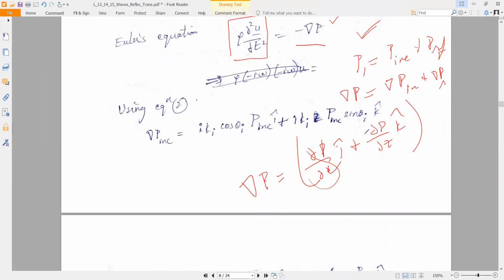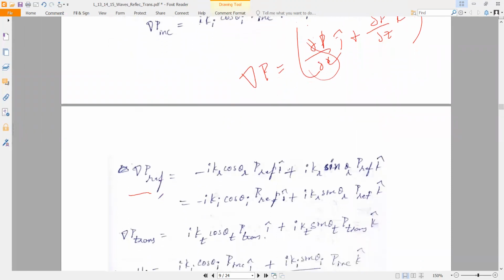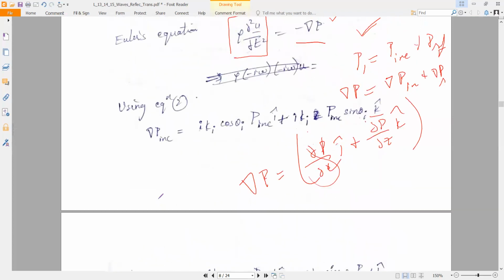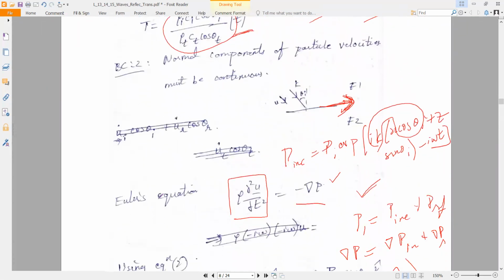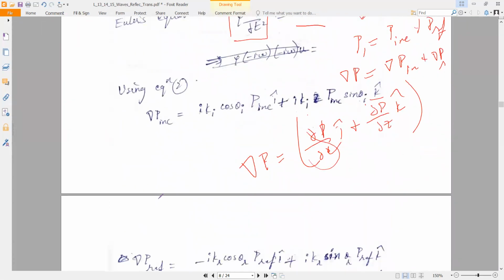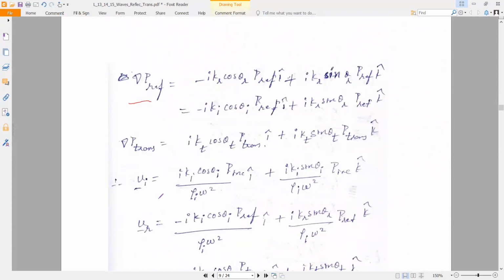Likewise, dou P by dou Z will give you i k sine theta i times P incident along the unit vector along Z. Similarly, you can take the gradient of the reflected wave and the transmitted wave. Now, let's first identify the velocities, then we can set the boundary conditions. So the incident velocity would be this, the particle velocity of the incident wave.